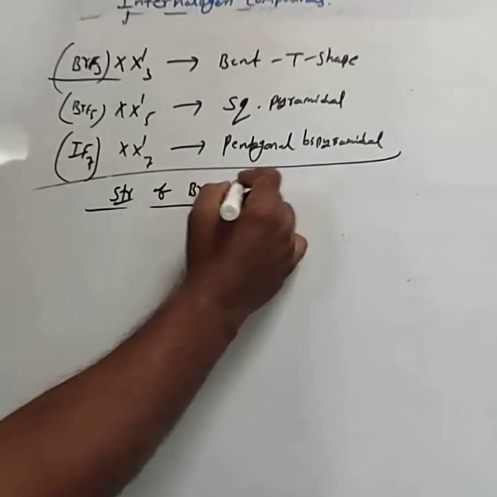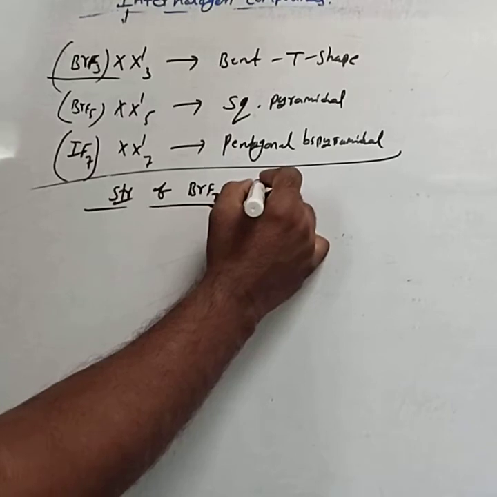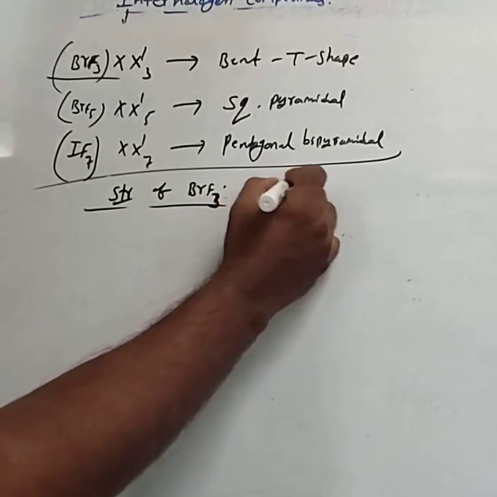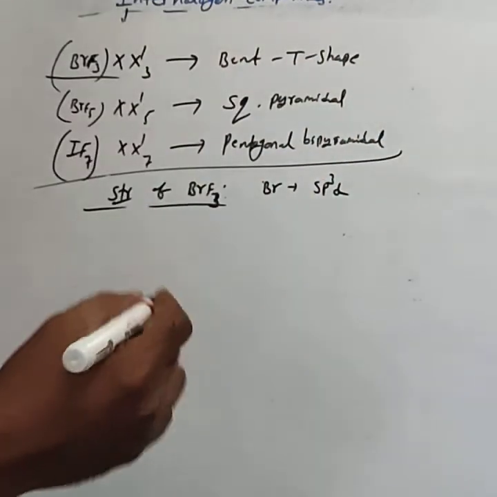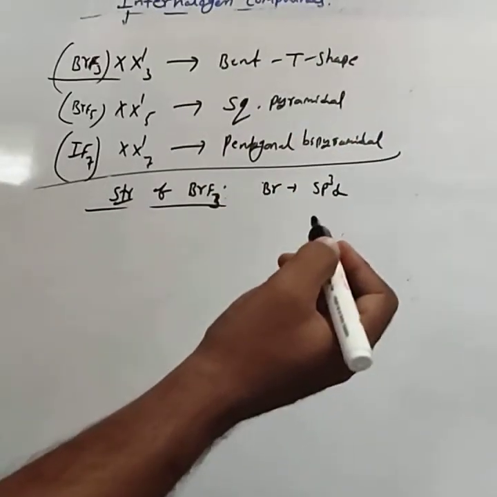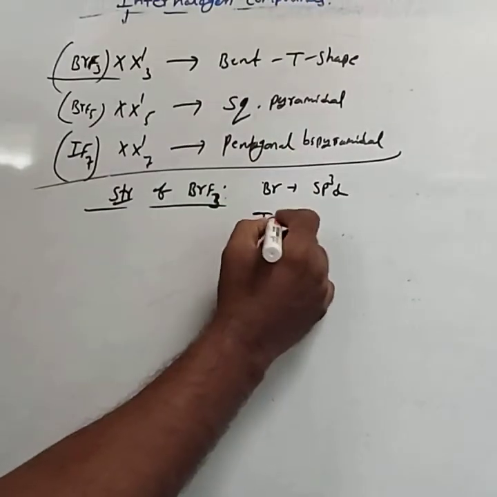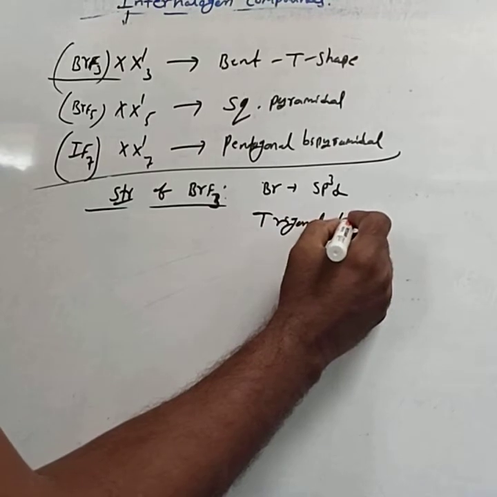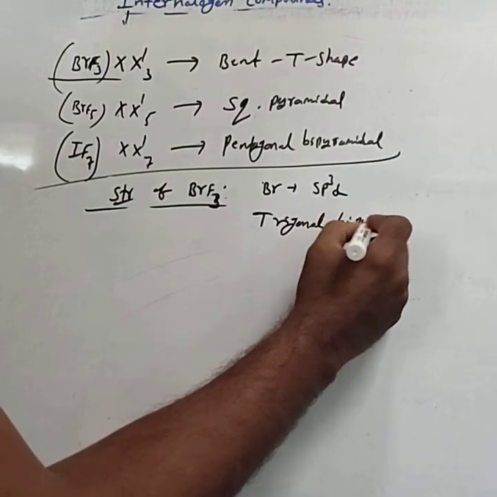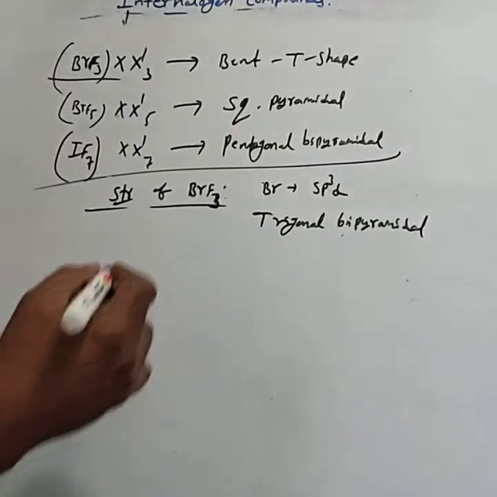In BrF3, the central halogen atom, bromine, undergoes sp3d hybridization. Due to sp3d hybridization, it has a trigonal bipyramidal arrangement.